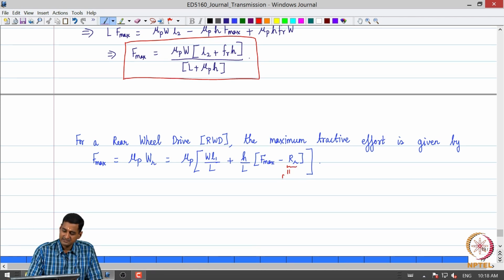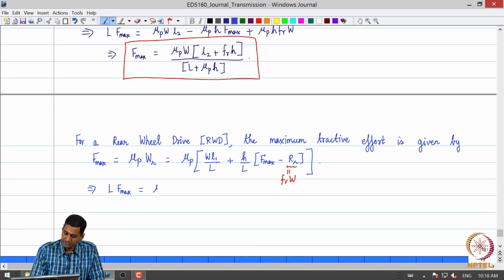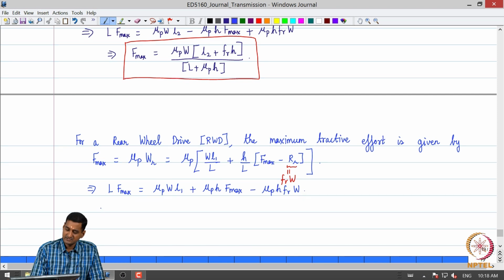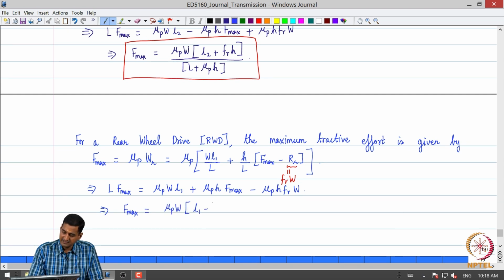RR is written as Fr times W. So we will have L times F max equal to mu p W L1 plus mu p H F max minus mu p H Fr W. If we simplify, we get F max equal to mu p W times (L1 minus Fr H) divided by (L minus mu p H).